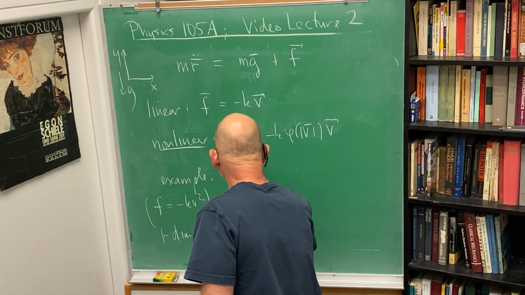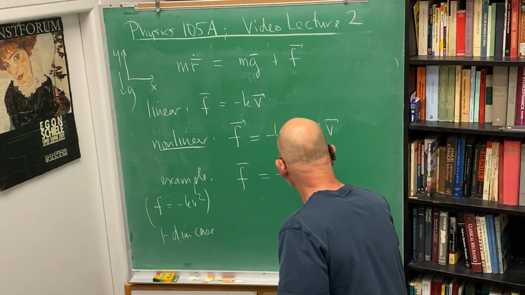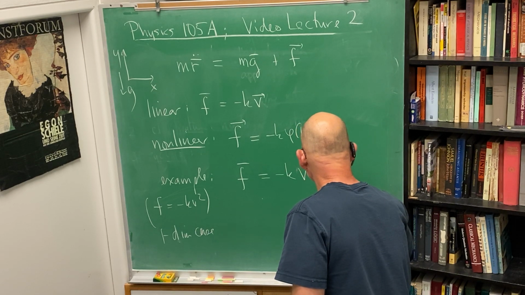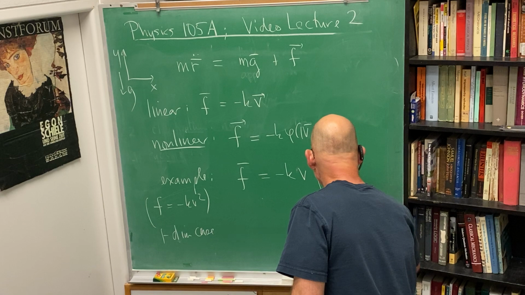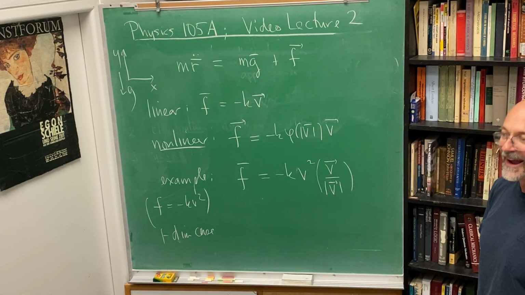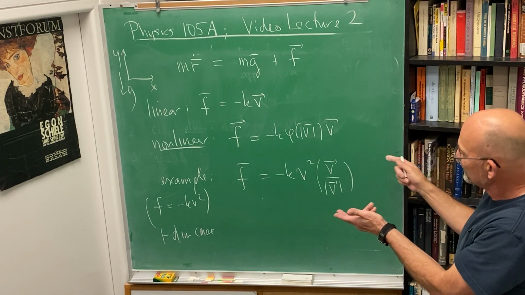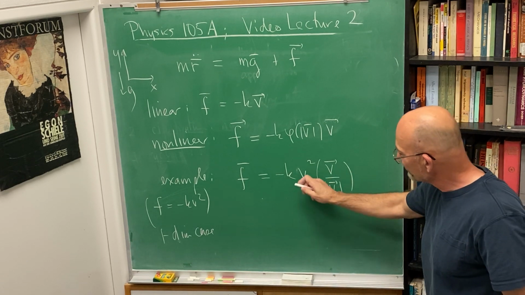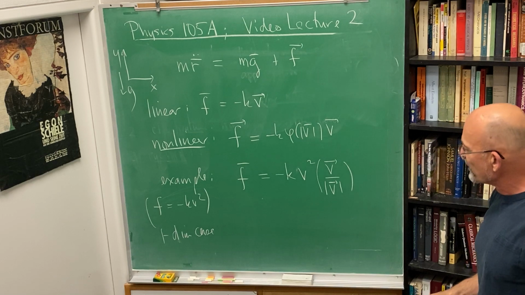F would be equal to minus K V squared, and then we would have the vector V divided by its magnitude. In other words, what I have in parentheses here is just a unit vector pointing backwards. So we have KV squared, and that's our friction law.